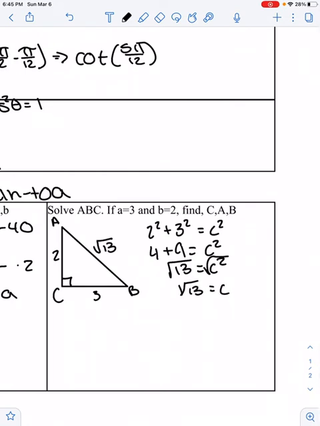Now let's start with finding angle A. I'm going to use opposite and adjacent, so 3 and 2. So tan is opposite and adjacent, and the angle always goes next to the trig function, which we don't know, so I'm going to put tan A equals opposite over adjacent. To solve for A, we have to get A alone, and we do that by taking the tan inverse.